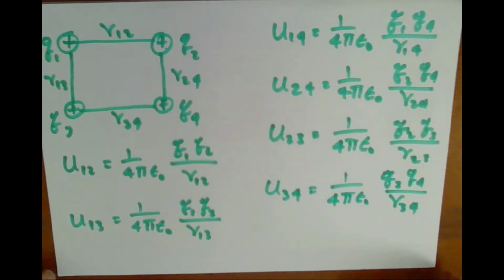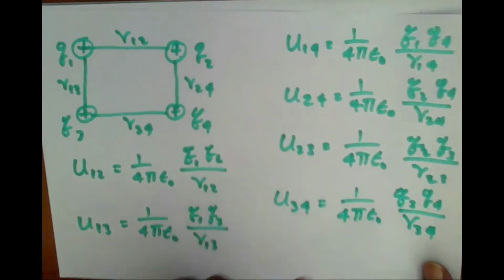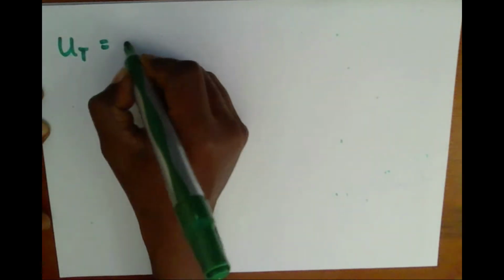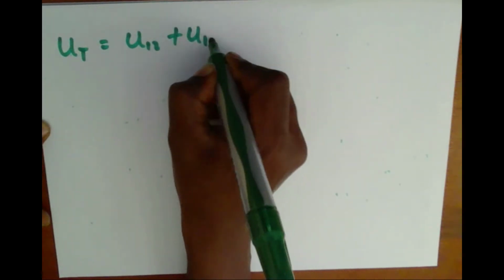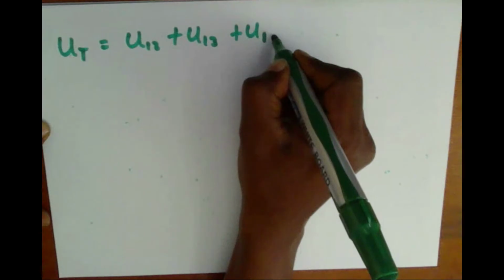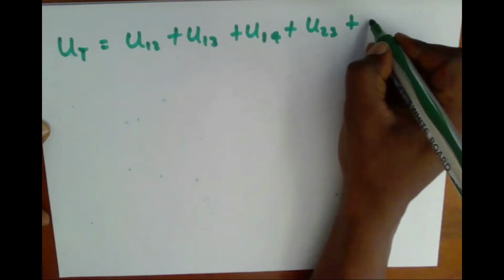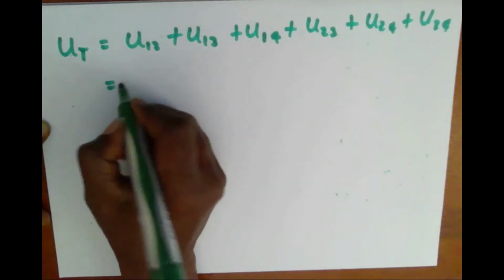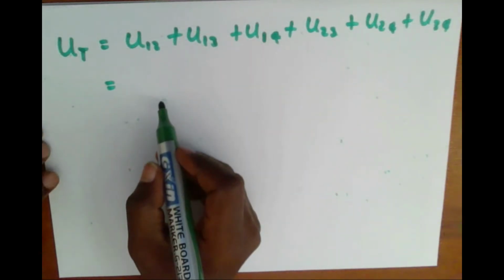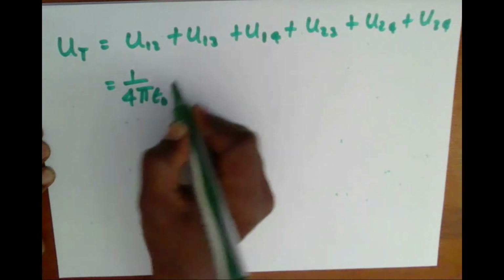After this, we need to find the total. The total will be equal to the sum of the individual ones. Therefore, we write: total is equal to U12 plus U13 plus U14 plus U23 plus U24 plus U34. When you add them together, we get a common value, 1 over 4 pi epsilon naught, for each.